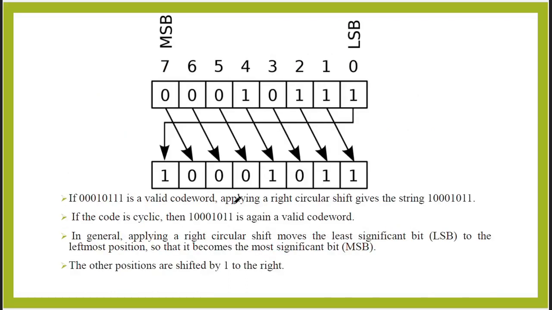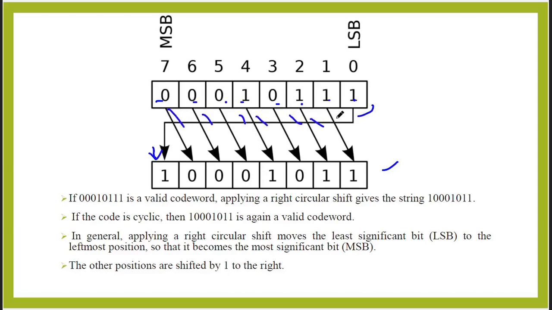Let's see the example. The binary bits are 0 0 0 1 0 1 1 1, from MSB to LSB. The last term, 1, comes up to the first term. Then all terms are rearranged.